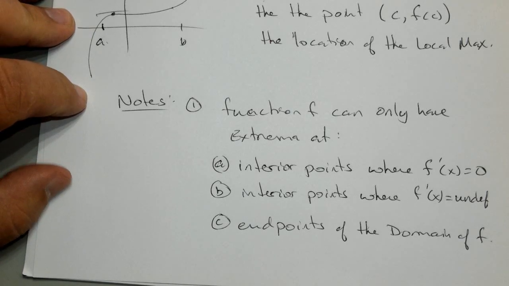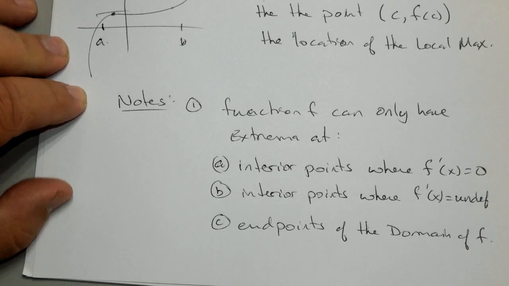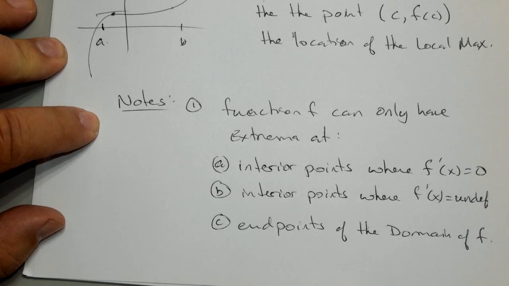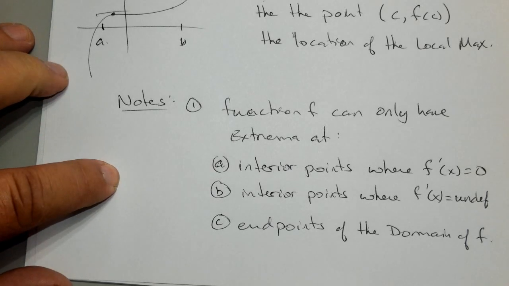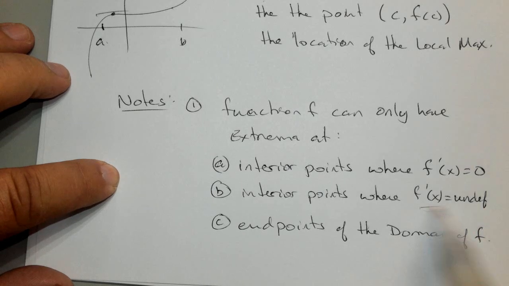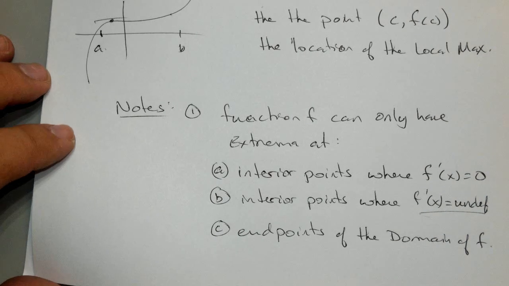A function f can only have extrema at interior points where the first derivative equals 0, interior points where the derivative is undefined, we'll talk about that in a second, and then endpoints.